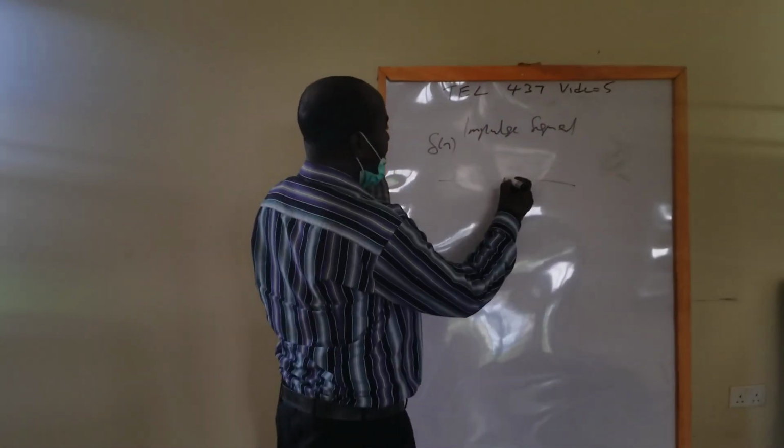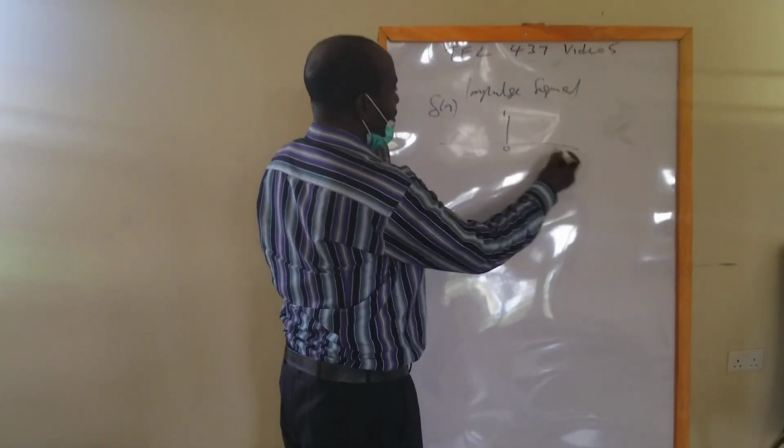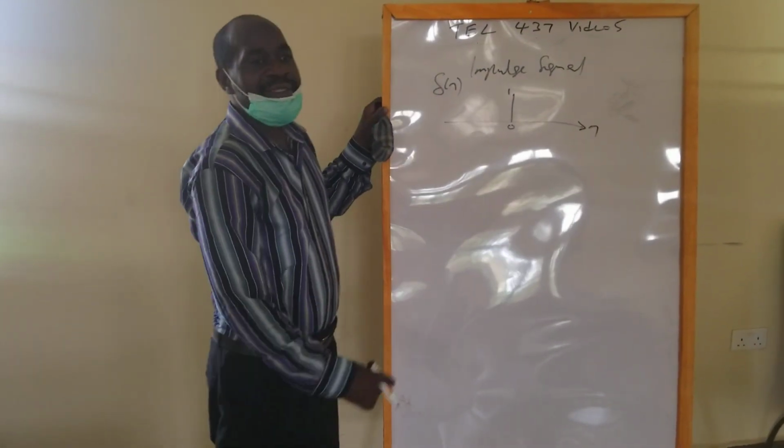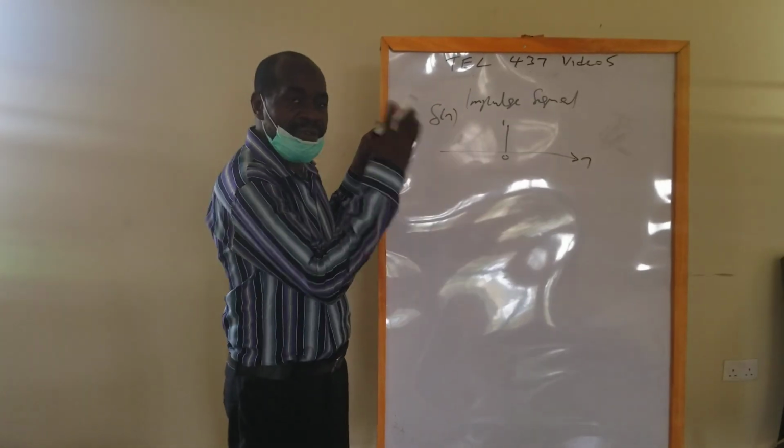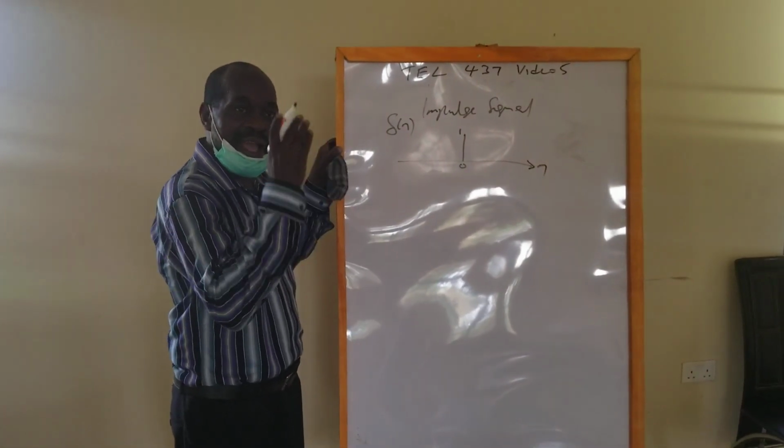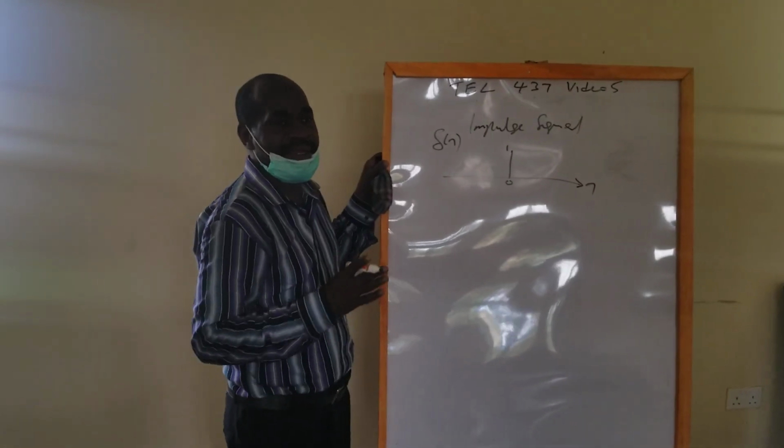Delta n is a 1 at 0. This is the only signal that is the same, both continuous time signal of it and discrete time signal. It's the same appearance.